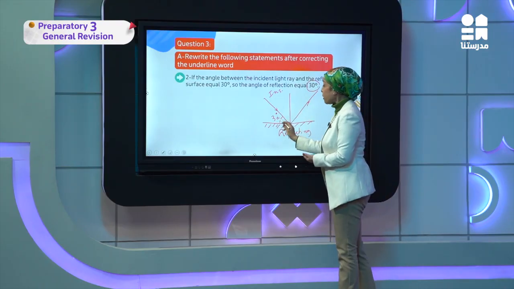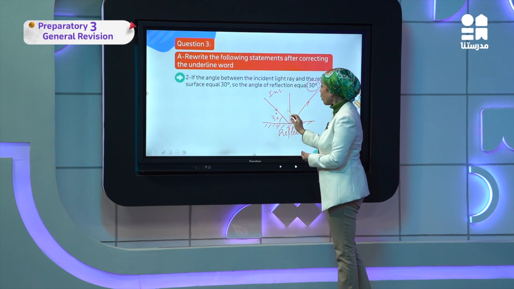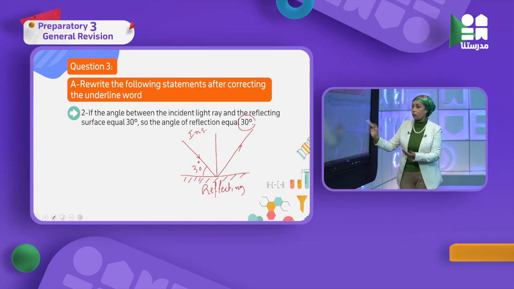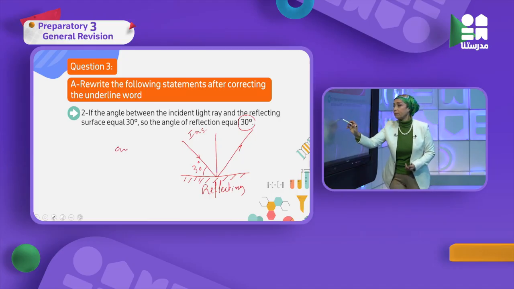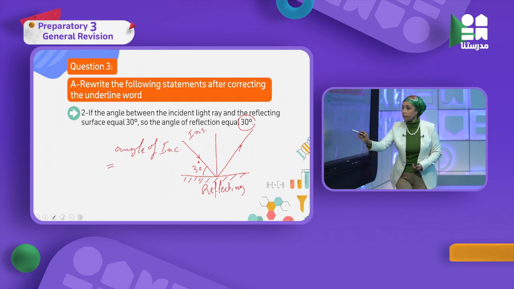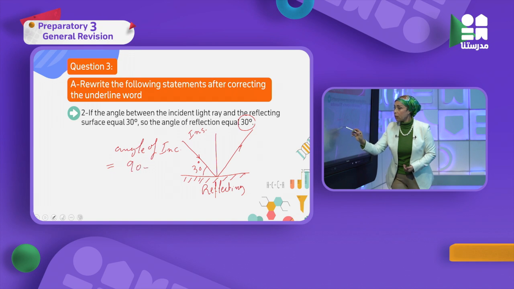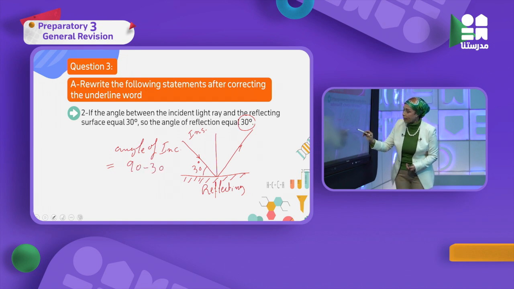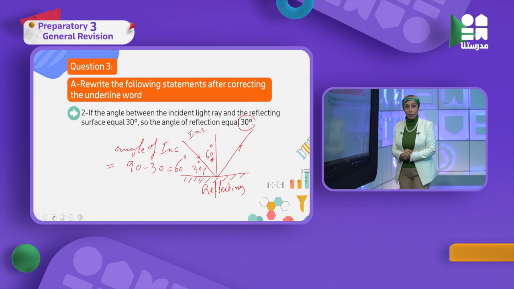So if I want to get the angle of incidence, how do I get it? It equals 90, which is the right angle, minus 30, which is the angle between the incident light ray and the reflecting surface. So it gives me 60 degree, which is the amount of the angle of incidence.